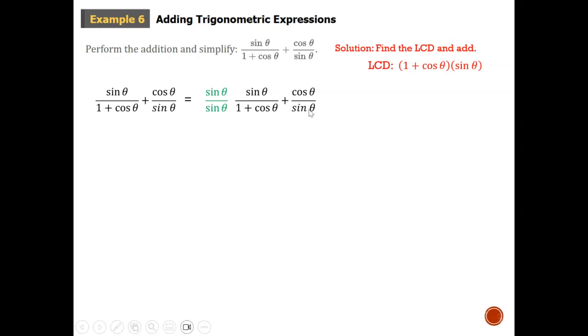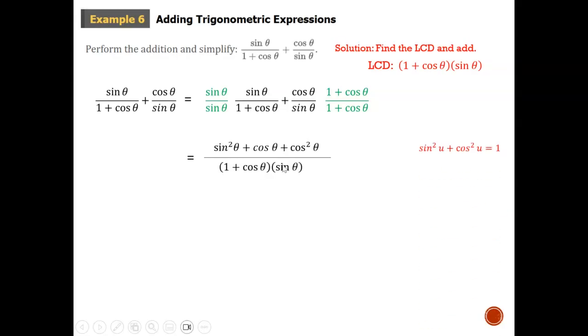For cosine theta over sine theta, the second denominator is missing 1 plus cosine theta, so I'm going to multiply top and bottom by 1 plus cosine theta. Now, sine times sine gives us sine squared theta. Cosine theta times 1 gives us cosine theta. Cosine theta times cosine theta gives us cosine squared theta. On the bottom, it's just sine times 1 plus cosine theta, or reverse. It doesn't matter which goes first.